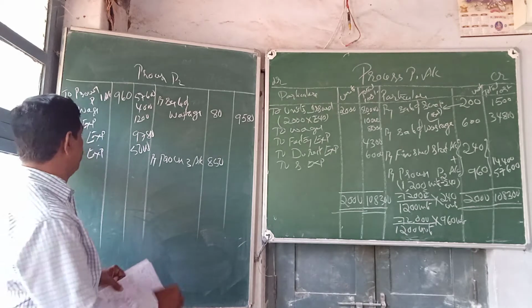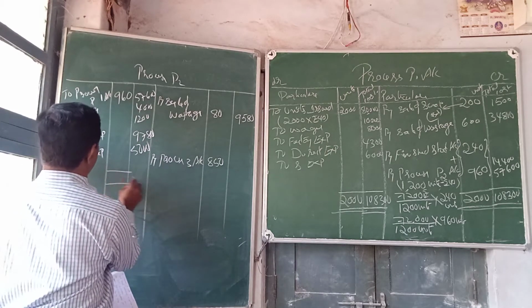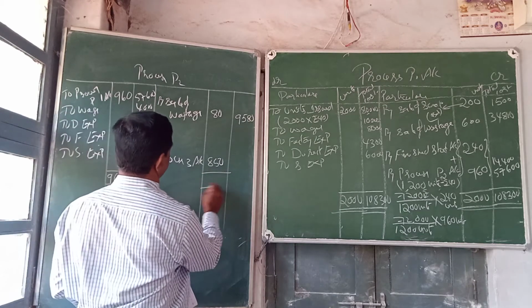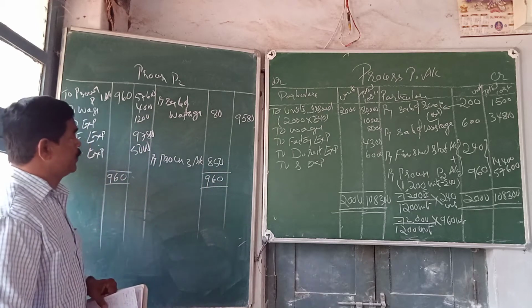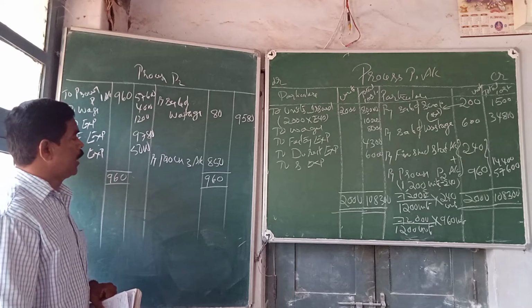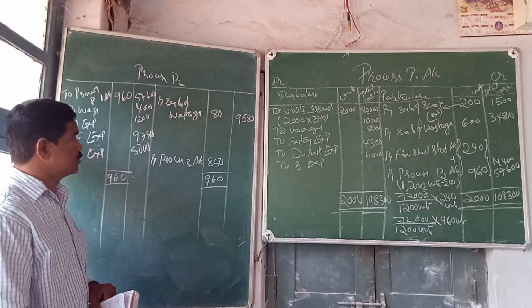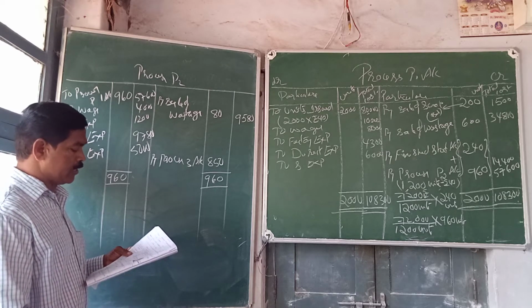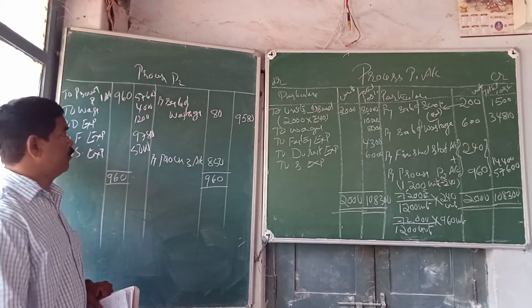So for that, first of all, total the units column. 960 units. 850 plus 80, how much? 930. So 30 units shortage. It means here normal wastage.